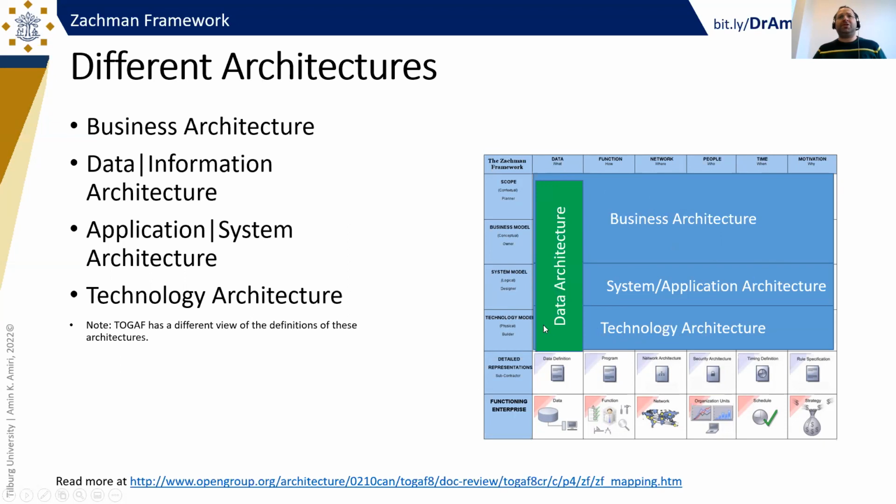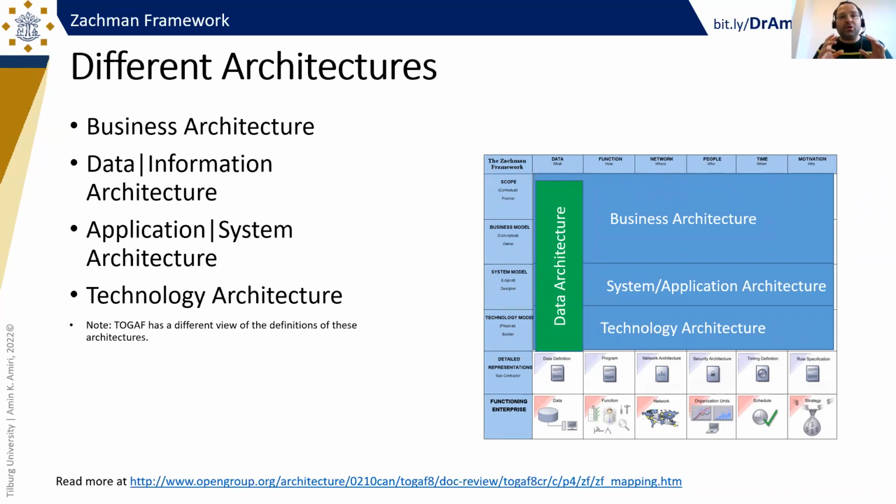Or technology architecture, we mean the fourth row and everything. So these are the various types of architecture that you need to create using the Zachman framework in a way. And you need to create them for the current status of the organization and the future status of the organization. That's what Zachman says.